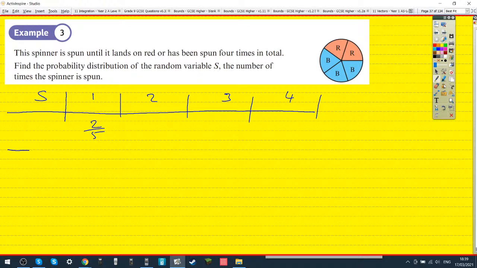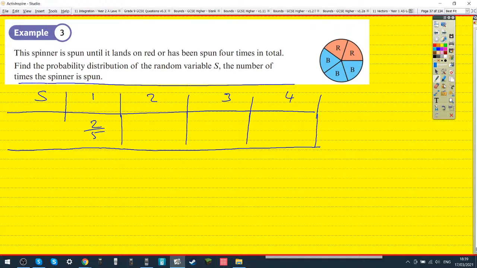Okay, how about spun twice? I want to multiply 2/5 together, but I'm not sure. That would be red and red. What must it have been? Okay, it must have been blue and then red. So 6 over 25.